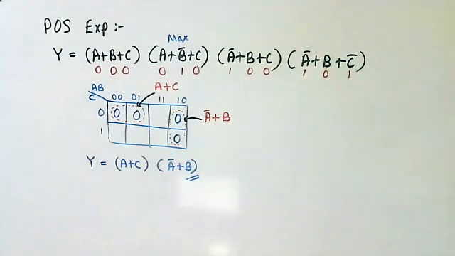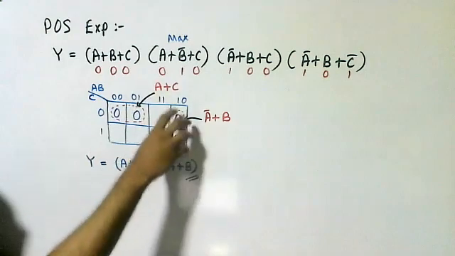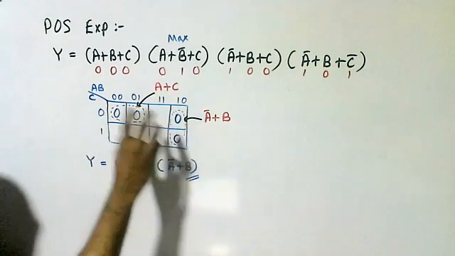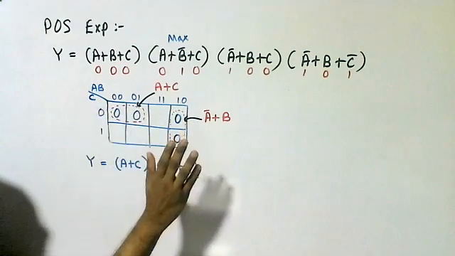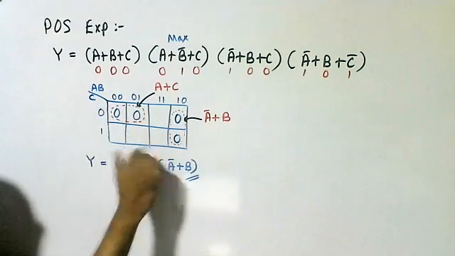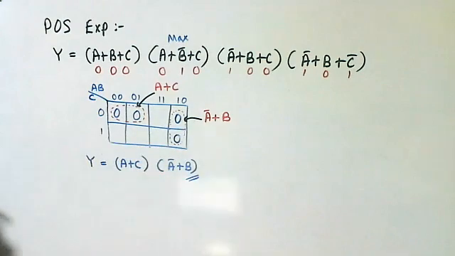But in some situations, we have to use zeros in a Karnaugh map. But remember, there's a rule. Only we can mark ones in a Karnaugh map. That is a rule. We have to remember that. And in some situations, we can even mark zeros. Clear? Is it clear, students? Yes, sir.